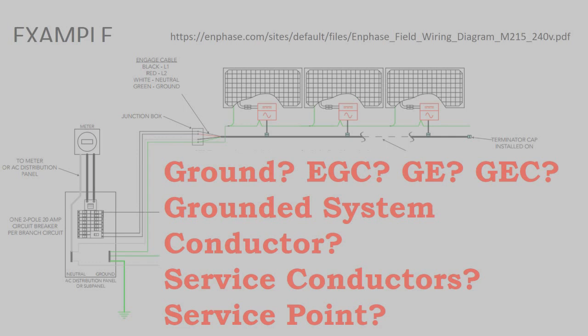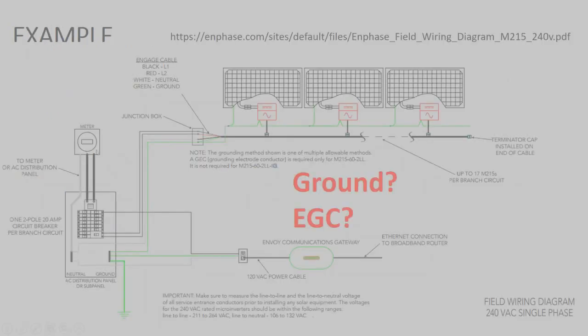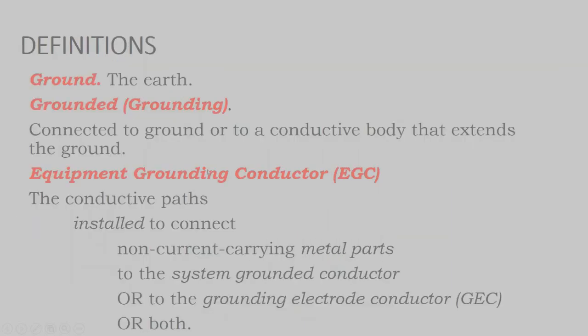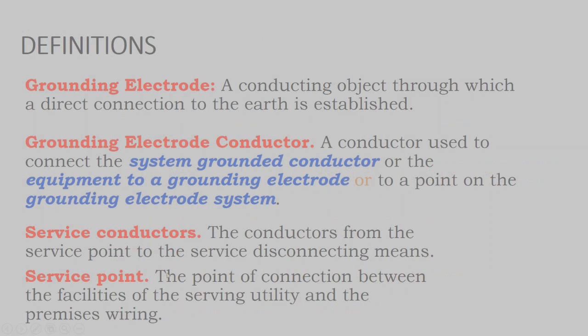Service conductors. What's the service conductor and the service point? Service conductors are the conductors from the service point to the service disconnecting means, and the service point is the connection between the facility serving utility and the premise wiring. Here we have our electric meter, and then we have our premise wiring, and often that meter is considered the disconnect and the service point.